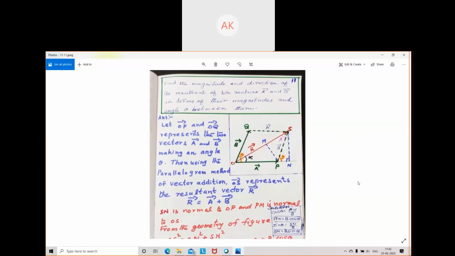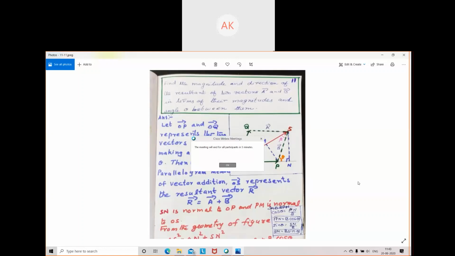Both we have to find out, magnitude and direction. Of what? Two vectors, vector A and vector B, in terms of their magnitudes and the angle theta between them. So in terms of the angle theta between them, you have to find out magnitude and direction.